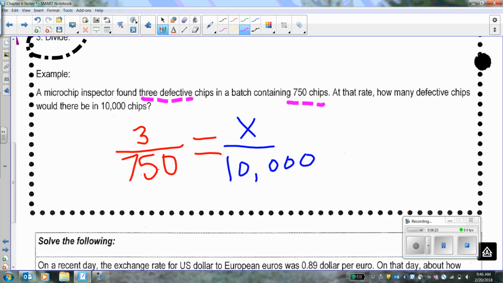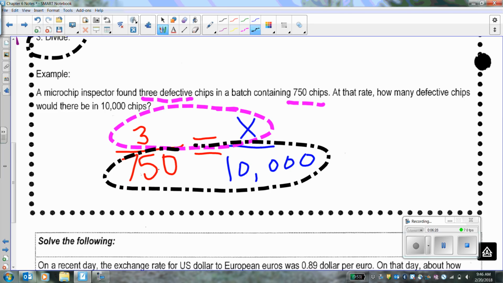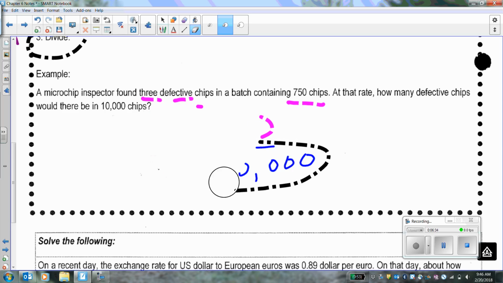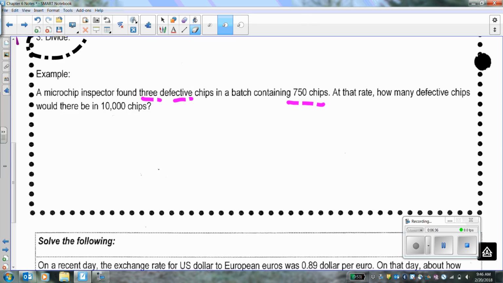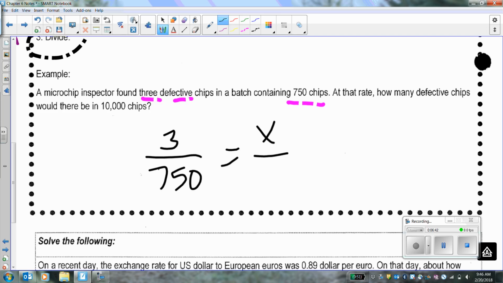So if you notice, this is the defective chips, this is the total chips. All right, I'm going to erase that real fast. So we have, you keep yours, 3 over 750 equals x over 10,000.